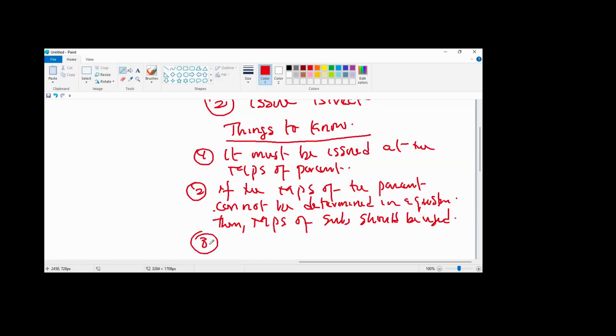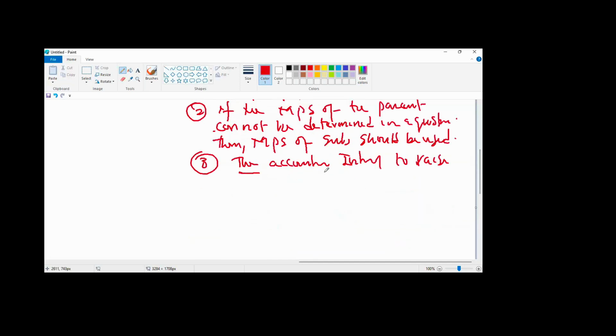Three, the accounting entry to raise the cost of investment at the market price per share: the cost of investment will be debited, equity shares will be credited, and share premium will be credited.